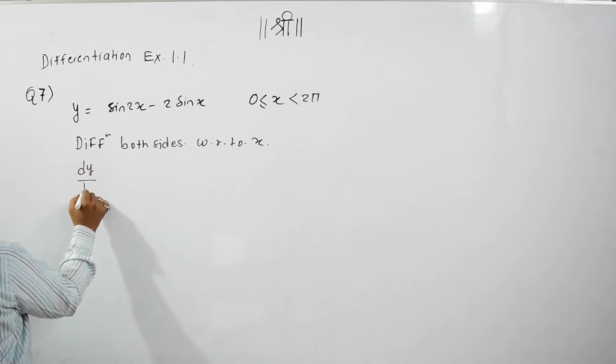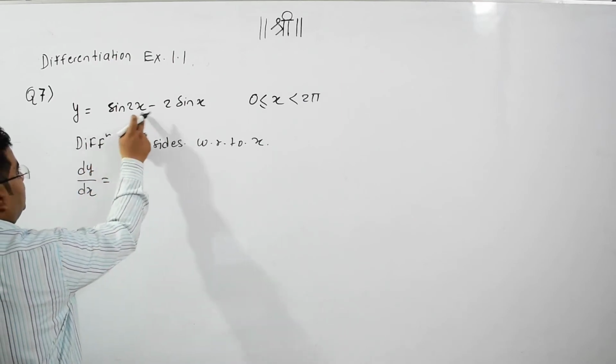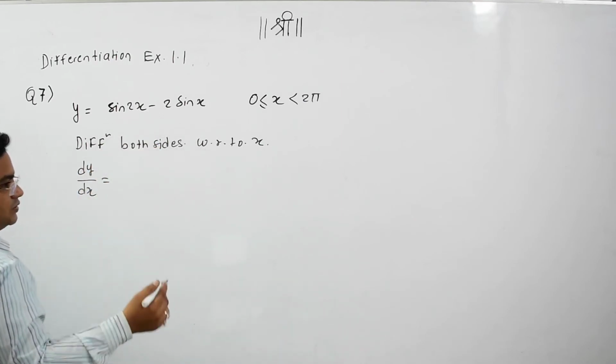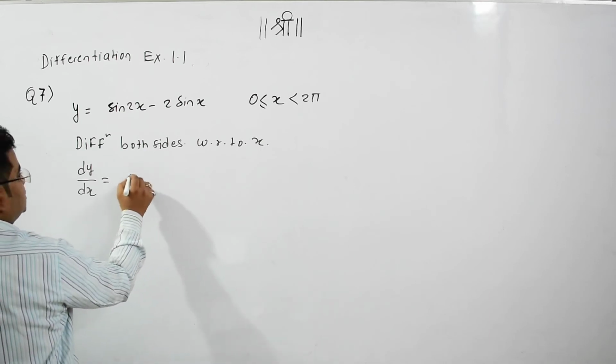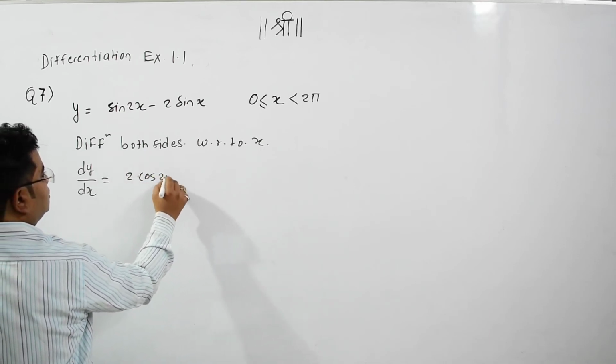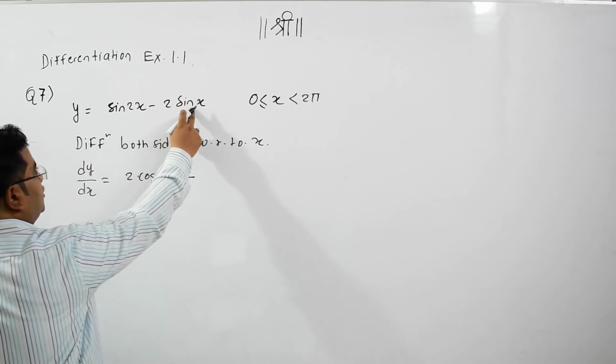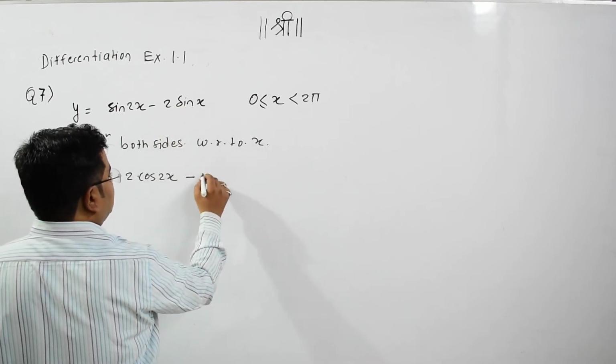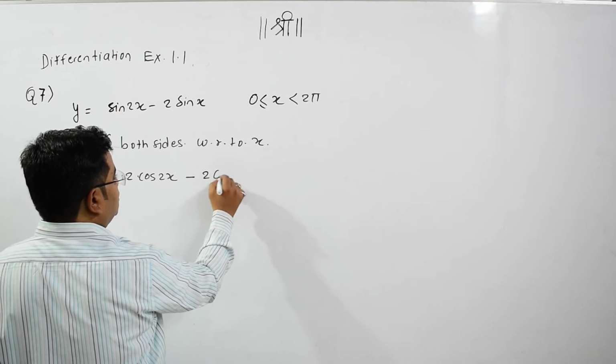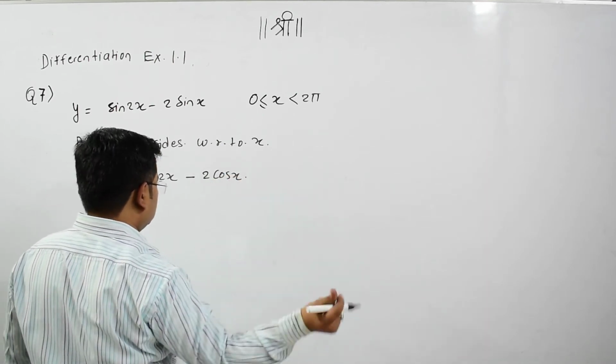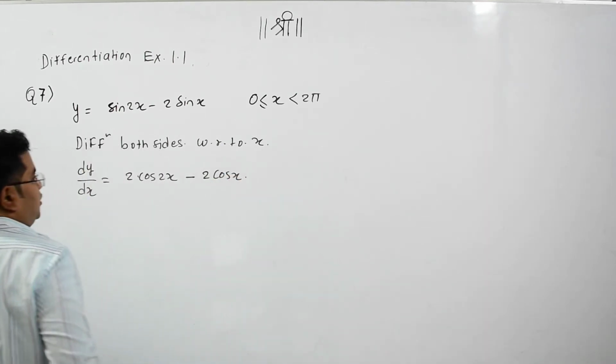dy upon dx is equal to, what is the derivative of sin 2x? It is cos 2x into 2, which is 2 cos 2x, minus the derivative of sin x, which is cos x, but this time 2 cos x. Most important, look at it properly.